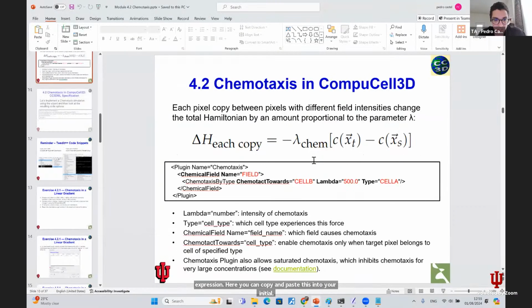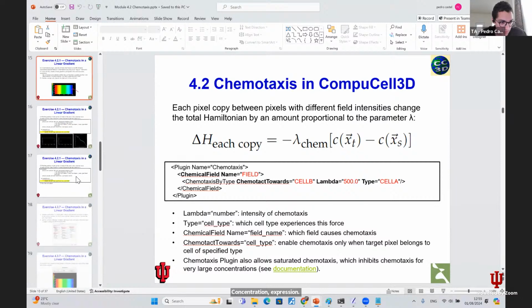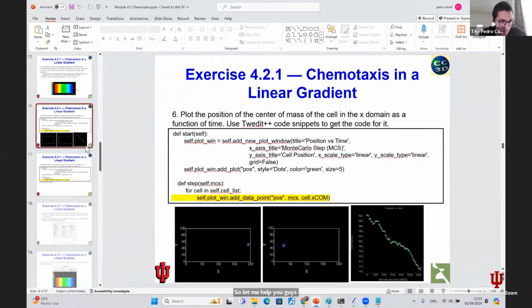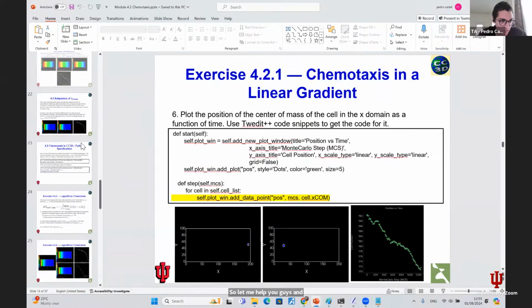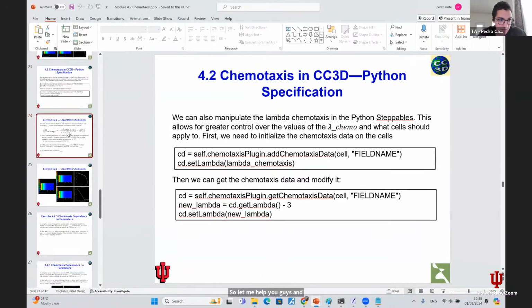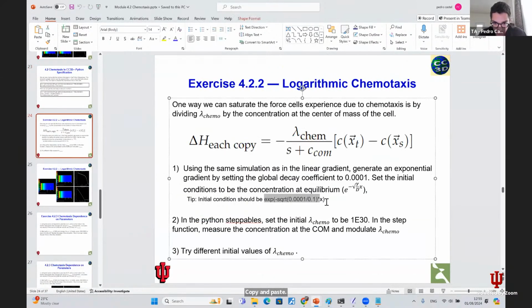So let me help you guys and copy and paste it in the chat, this expression, to help you building this one.